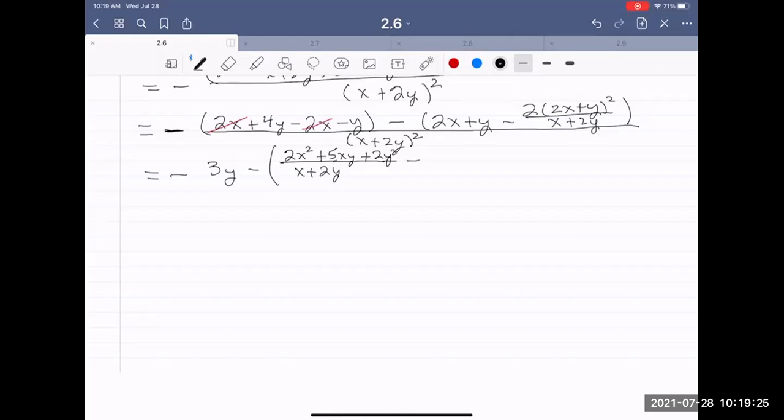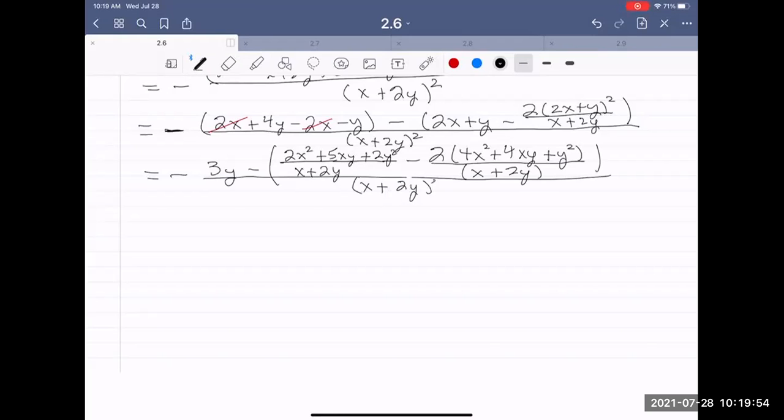Minus, let me multiply out 2x plus y quantity squared, so that's a 4x squared plus 4xy plus y squared all over, well, luckily the common denominator. All divided by x plus 2y quantity squared.